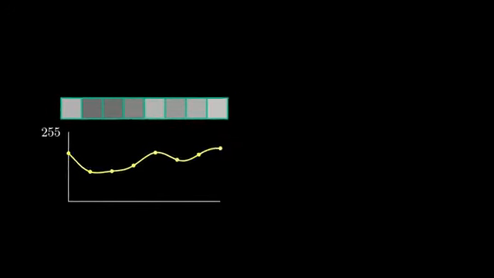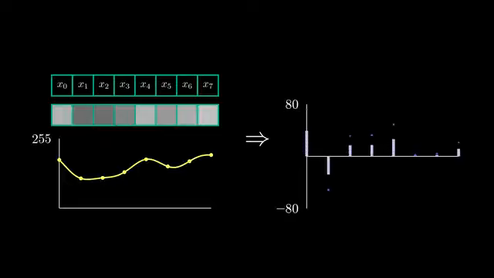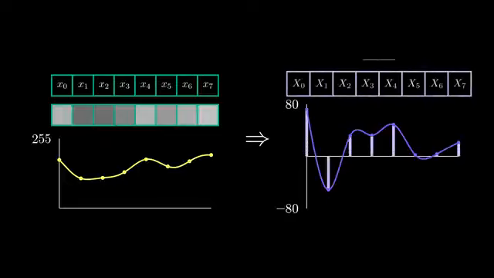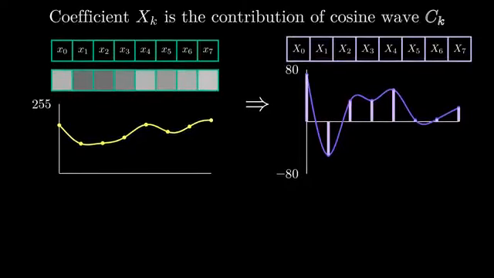The DCT takes an input of sampled points from our original signal and gives us an output of the same size. We'll refer to the outputs of the DCT as coefficients. These coefficients represent the weights of cosine waves of different frequencies that contribute to the original signal.